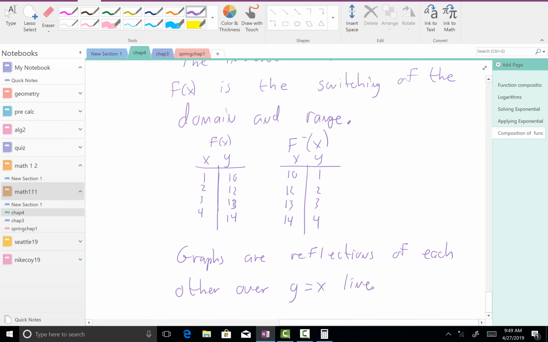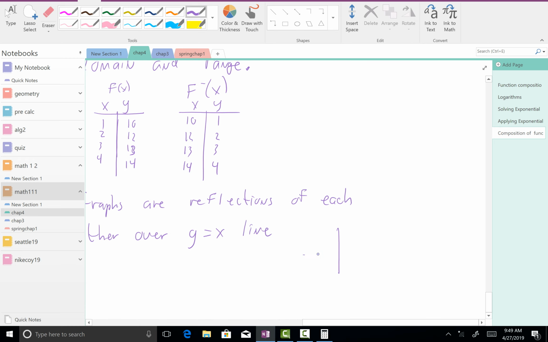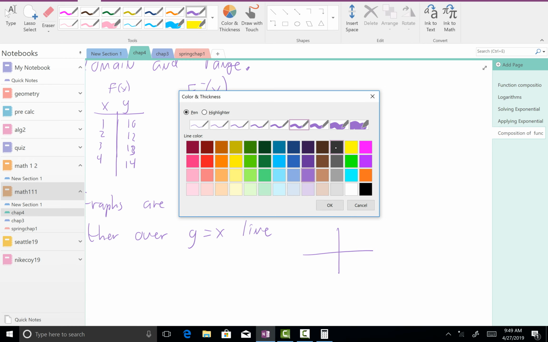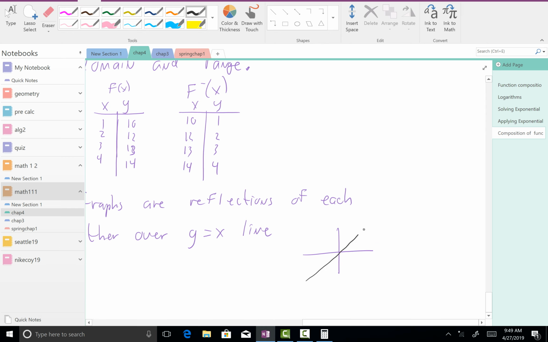Okay? So if we have this, here's a y equals x line. I'm going to put it in, separate it out from the axes. So it looks like this. So if we have a graph, say that this is our f of x, then our inverse would be the same thing, but it's going to be a reflection.